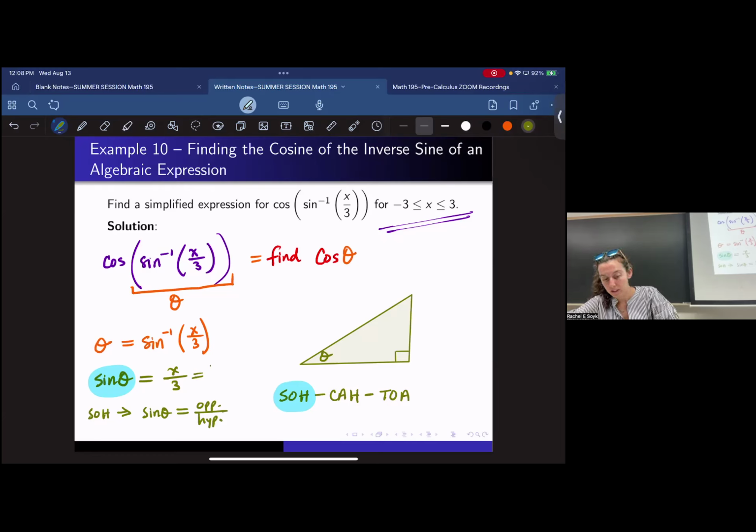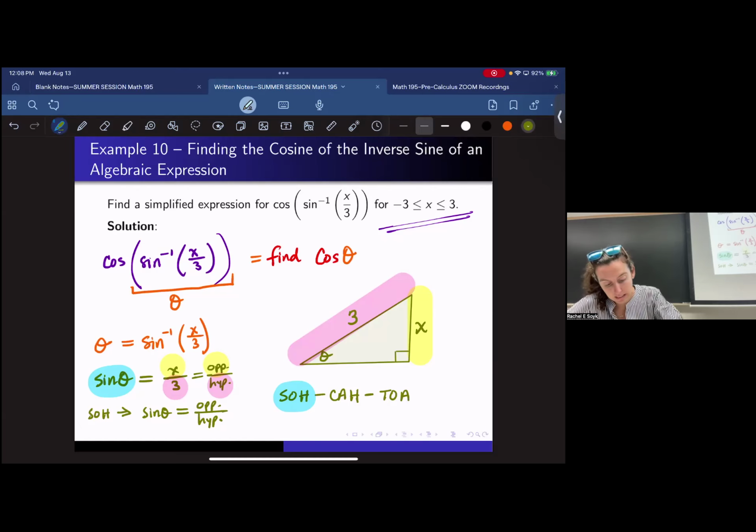So our opposite side, we've assigned it as our x value, and our hypotenuse we've assigned as what? 3, right? So we have x here, and we have 3 here.